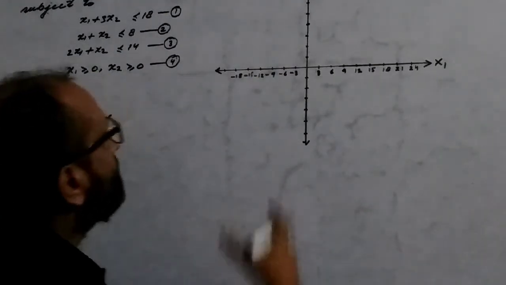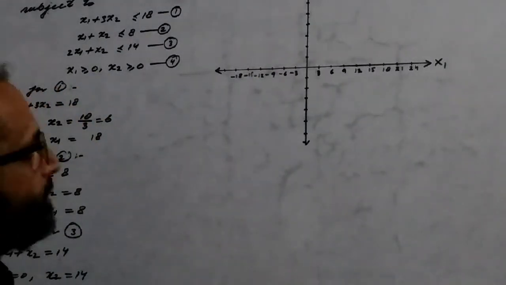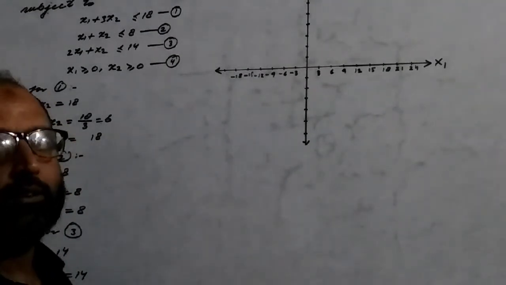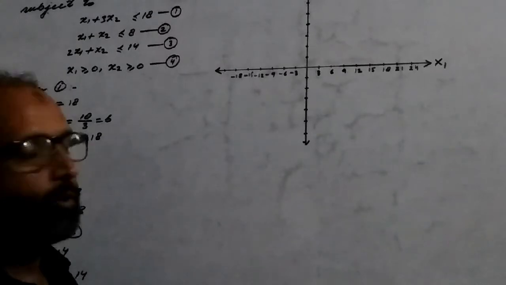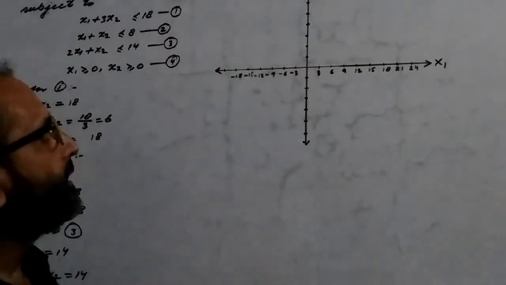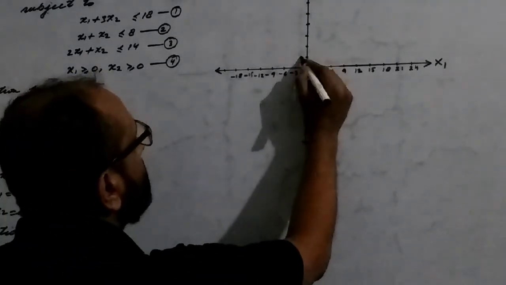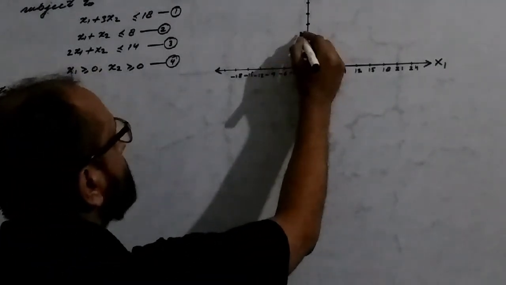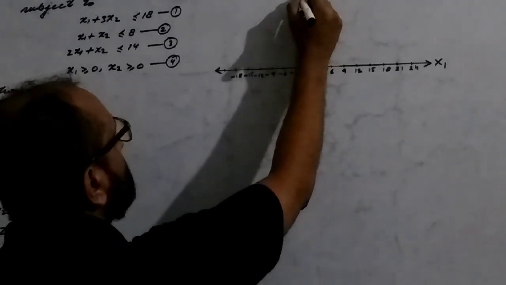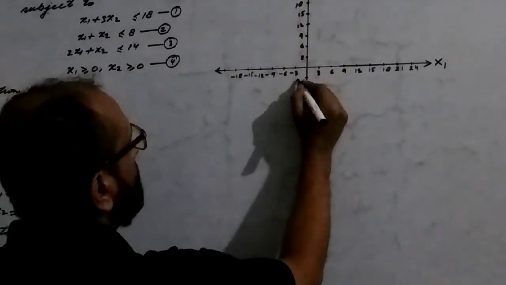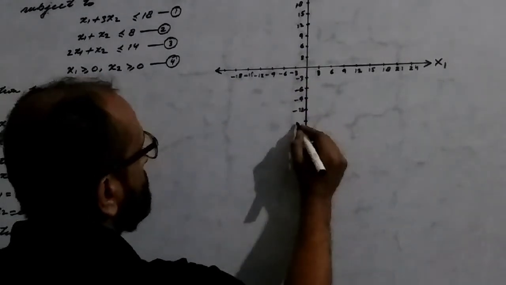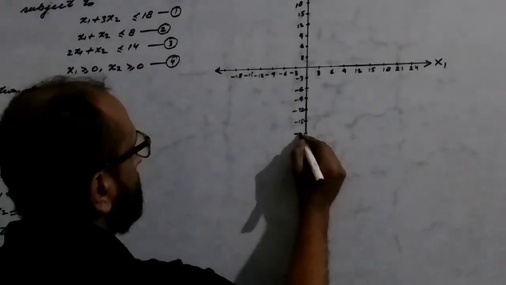Though these negative values are useless, because in a linear programming problem we plot only the region lying in the first quadrant. That is important to us.